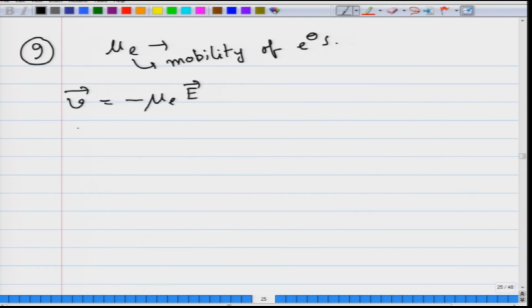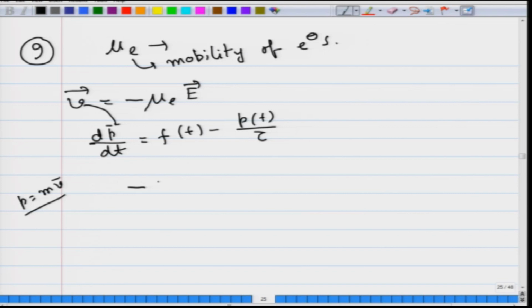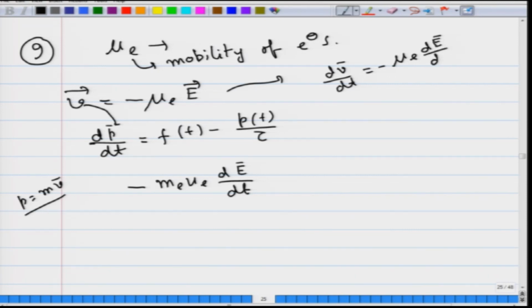So again now from Drude's theory we got dp dt is F minus p by tau, and here we put the value of v here because p is we know mv, and by putting we get m e mu e d E dt, because dv dt will be minus mu e dE dt, because mobility is constant with respect to time.